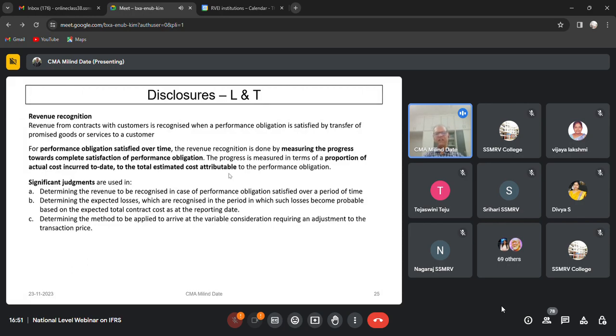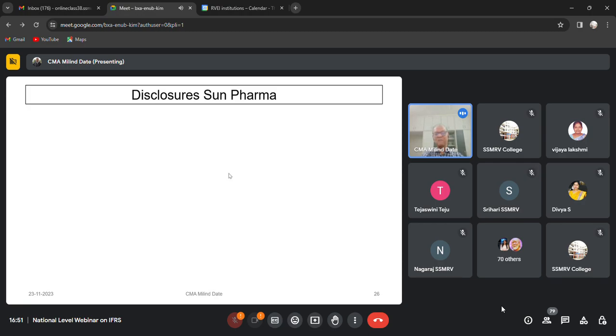It's a March year end, and the customer has bought 1,20,000. Now, what should I do? Should I provide for that 2% extra incentive as a reduction from my revenue, or should I wait till all the 2 lakh goods are sold? The standard says, please apply your judgment. So that's where judgment has a great role to play in this case.